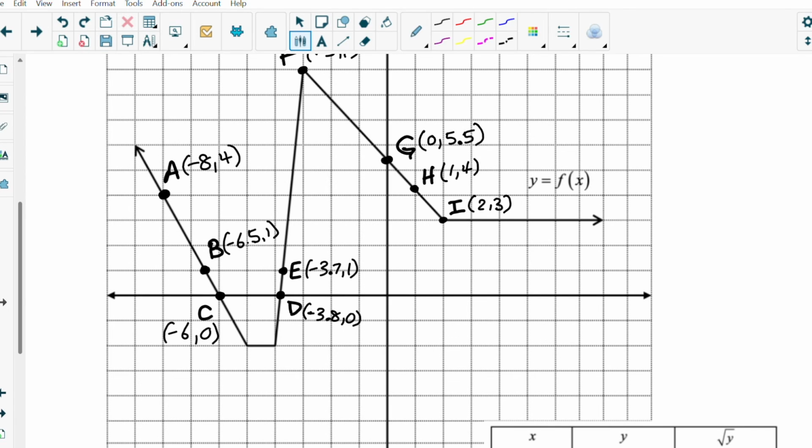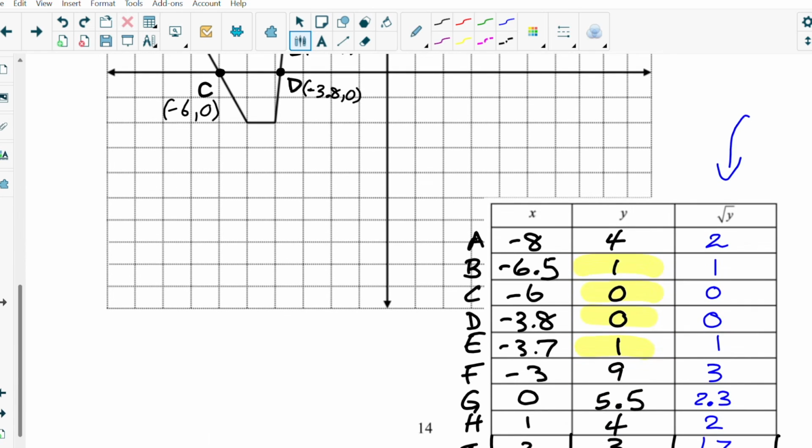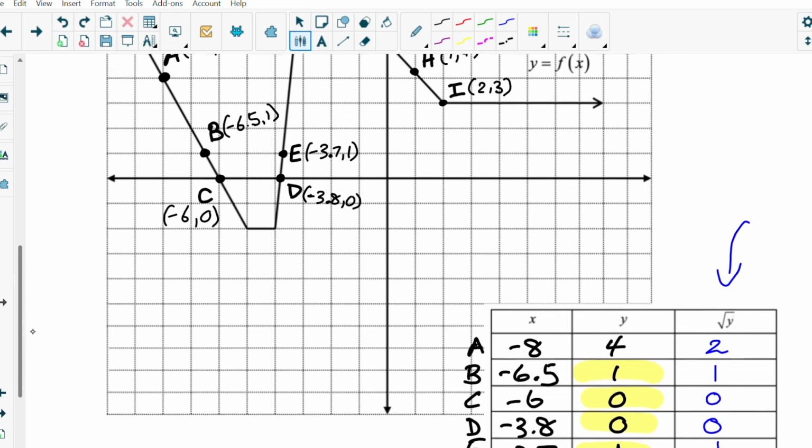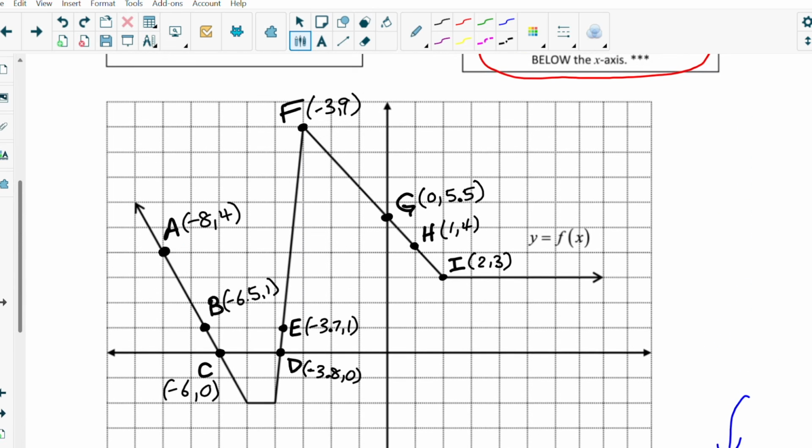We can plot this in a number of ways, right? We can plot this by just looking at these points and plotting them, just like we know that this will work, right? But let's plot it in a visual way. If I have point A here at -8 and 4, so x, y, I know I need x, square root of y.